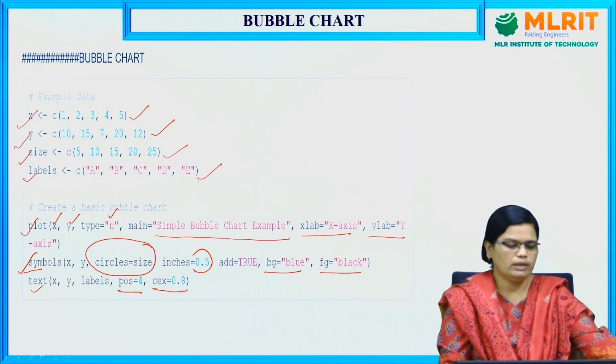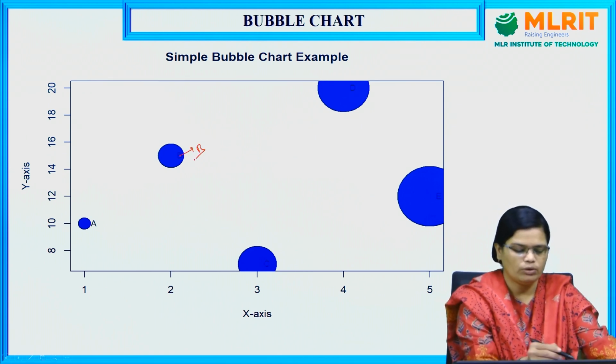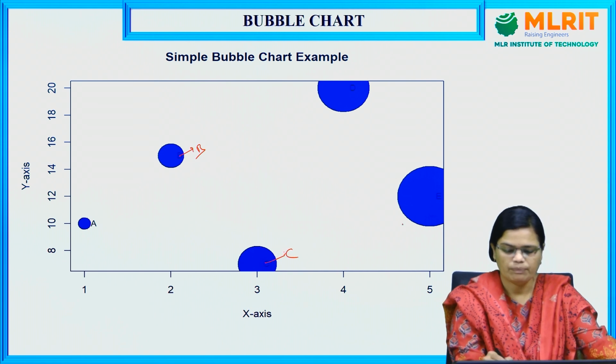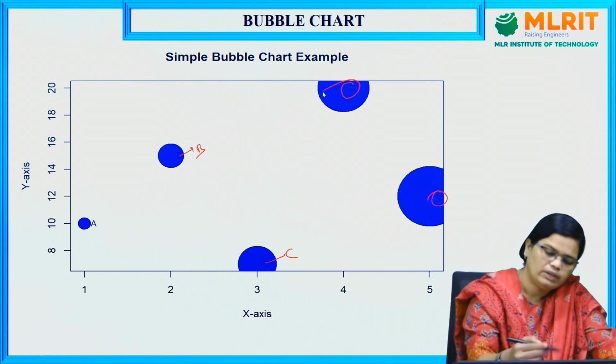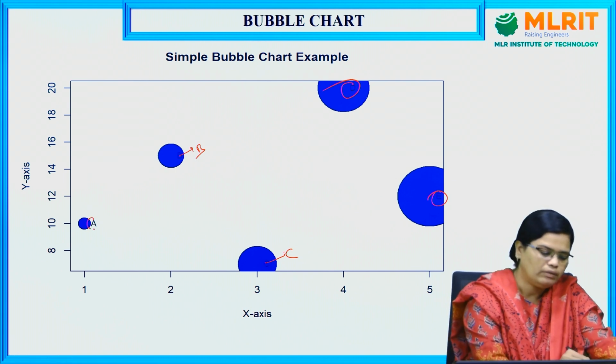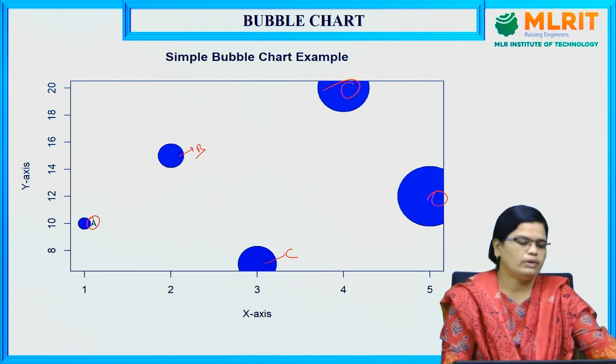Now observe, within the bubble we have a name, B got displayed. Within the bubble here we have C, here we have E, here we have D, and here we have the A. So like this the bubble chart will be displayed.